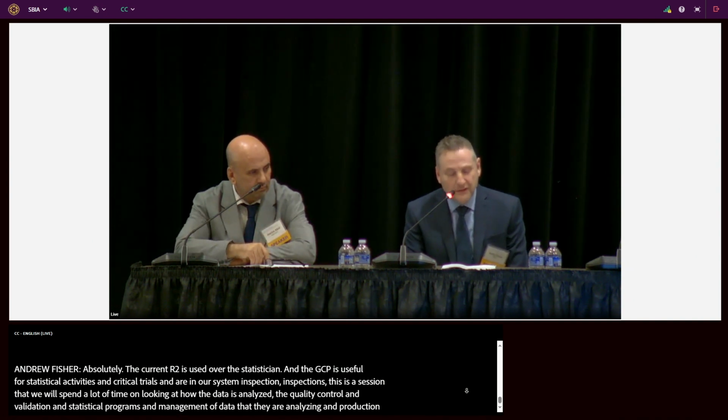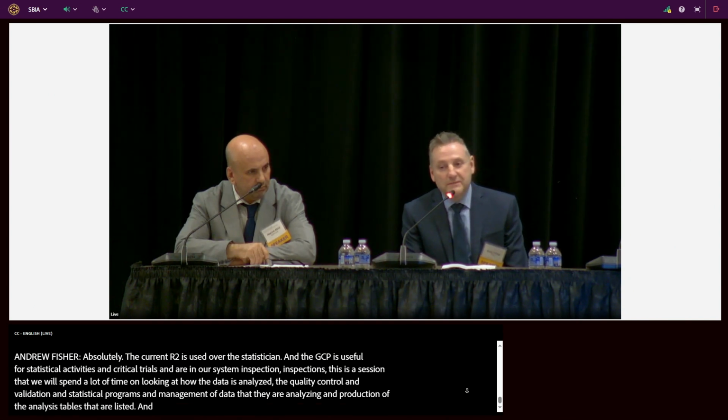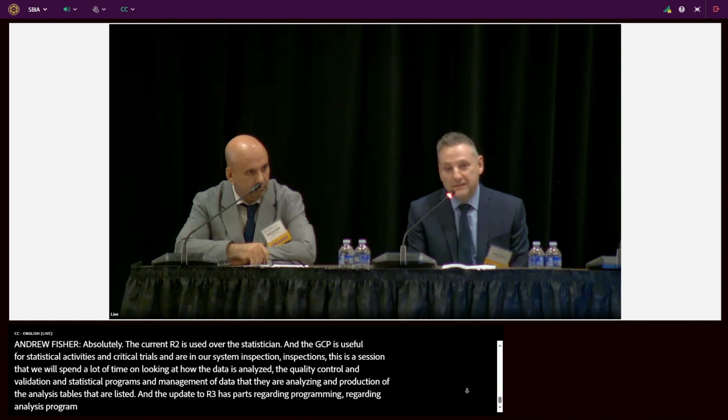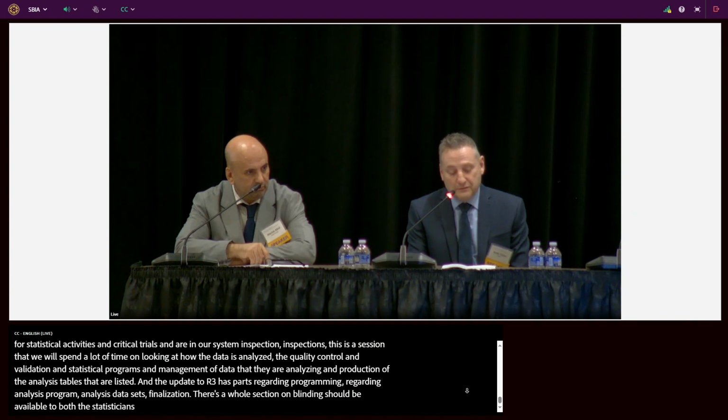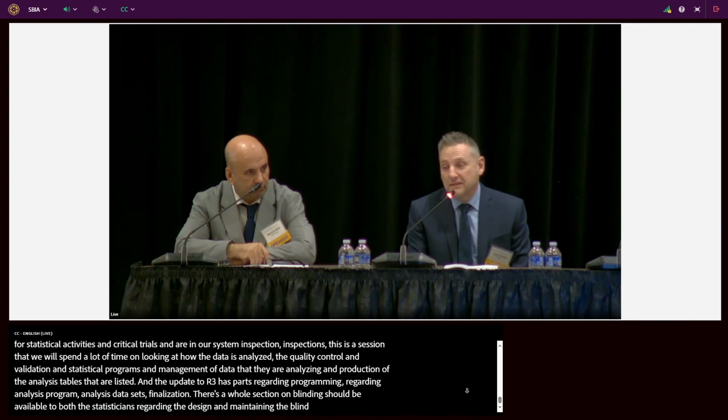figures, for example. And the update to R3 actually includes some specific parts that are applicable to statisticians regarding programming, and analysis data set finalization. There's a whole section on blinding that should be important to statisticians regarding study design and maintaining the blind, and also randomization aspects are covered in GCP.